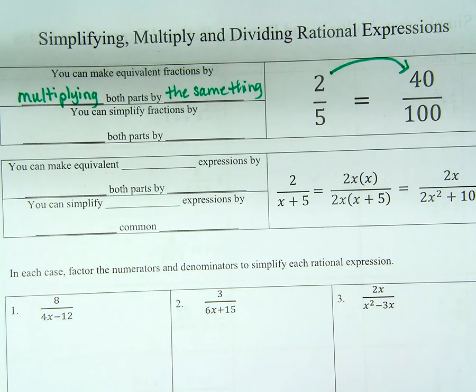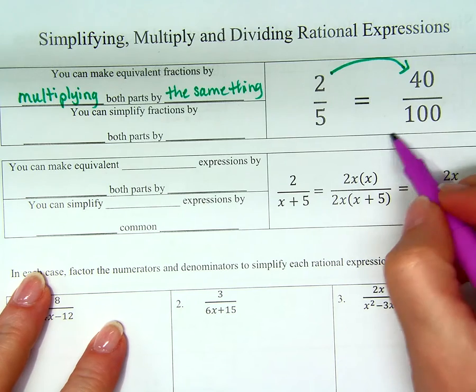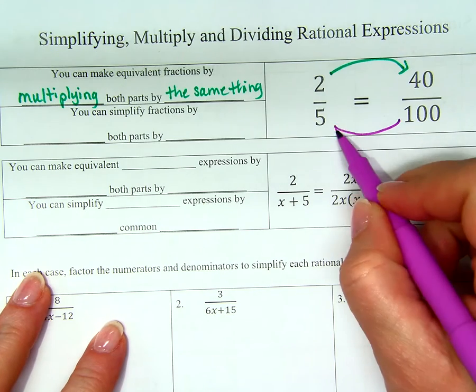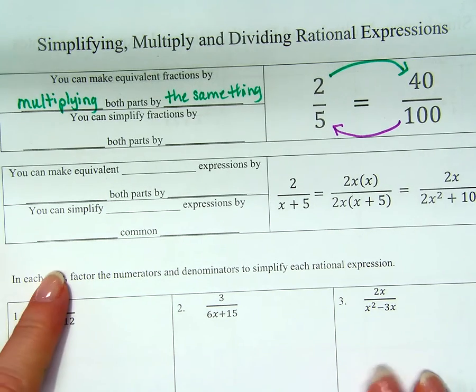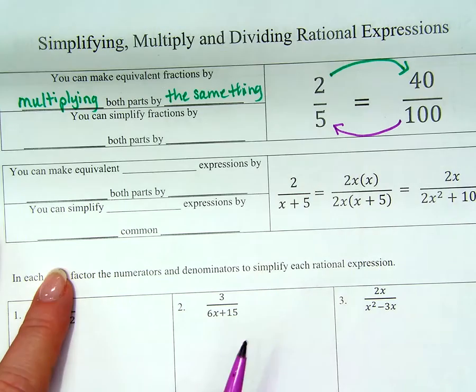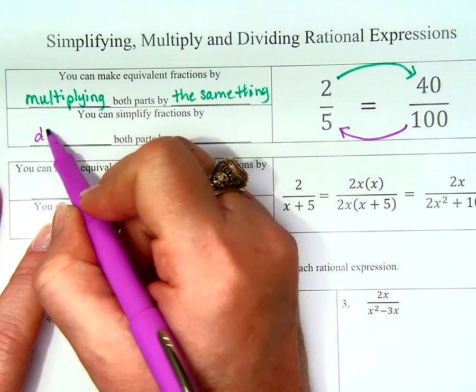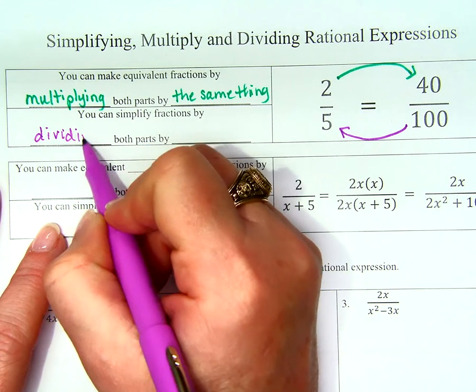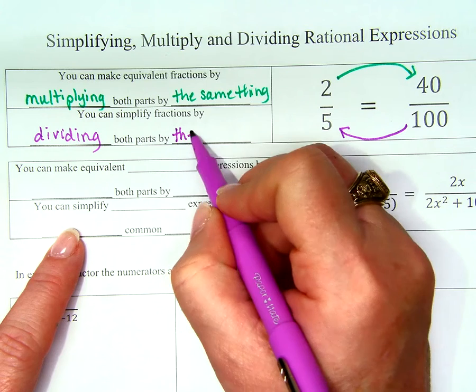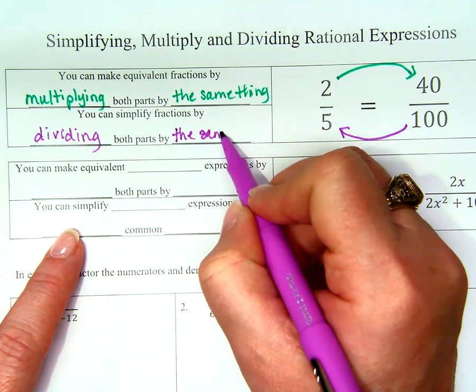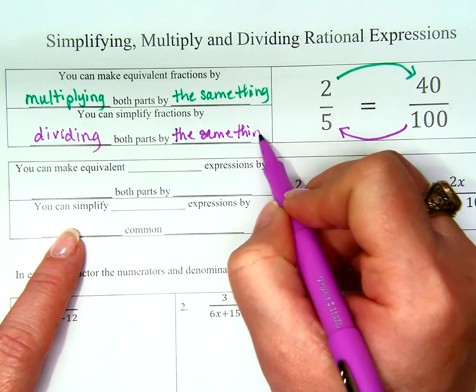You can simplify fractions by going from here to here. How do we go from here to here? Dividing both parts by the same thing.